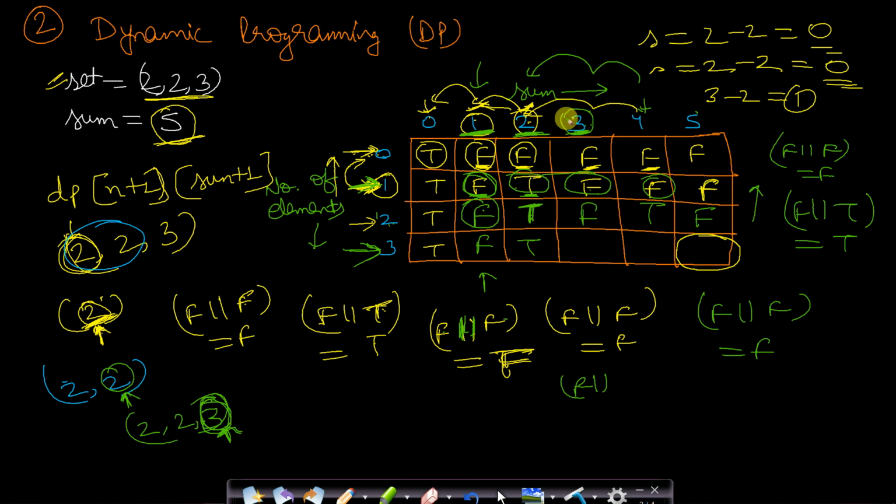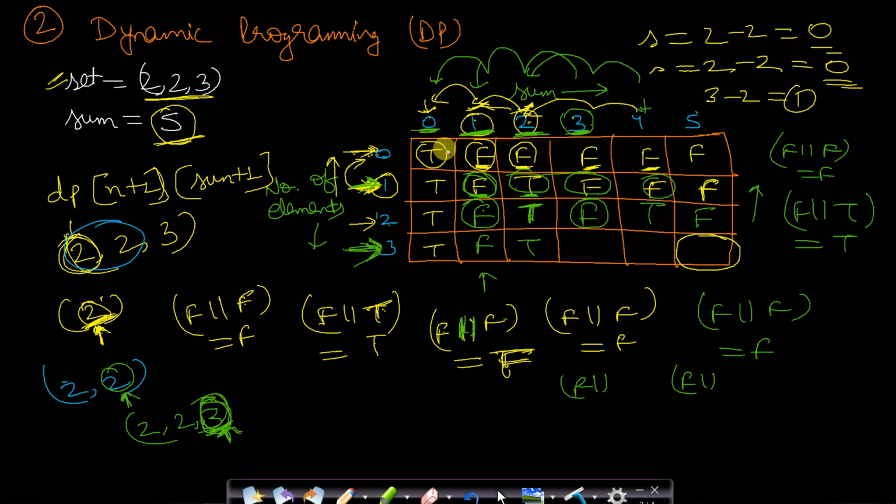Now when the sum value is 3, can we find a sum of 3 without including the third element? It is saying false. So first is false. If I include this third element, can I find a sum value of 3? The value of the third element is 3, so I will have to move back by 3 hops and I will reach a sum value of 0.